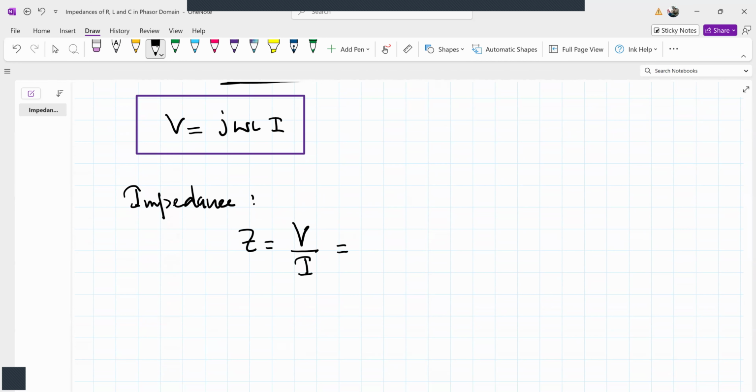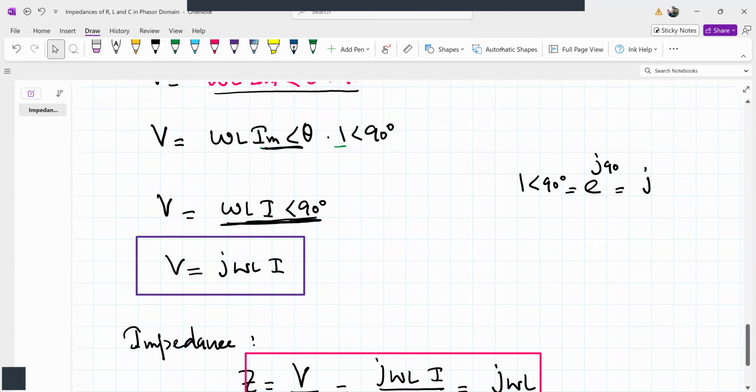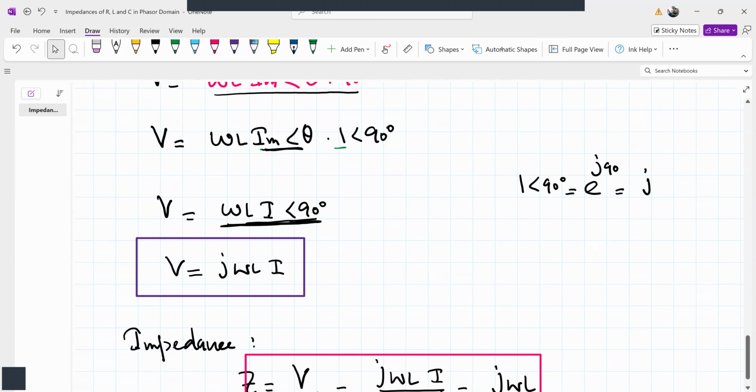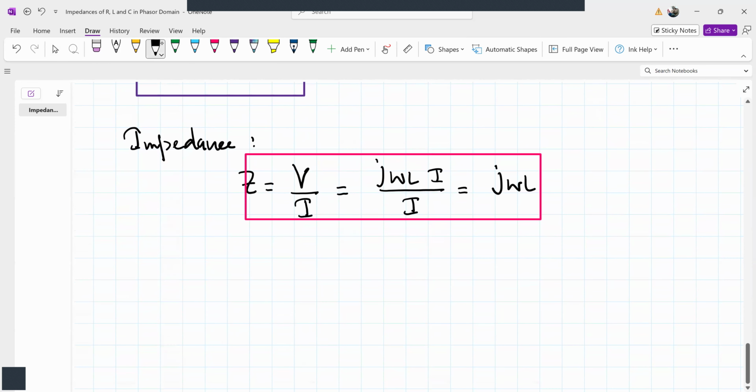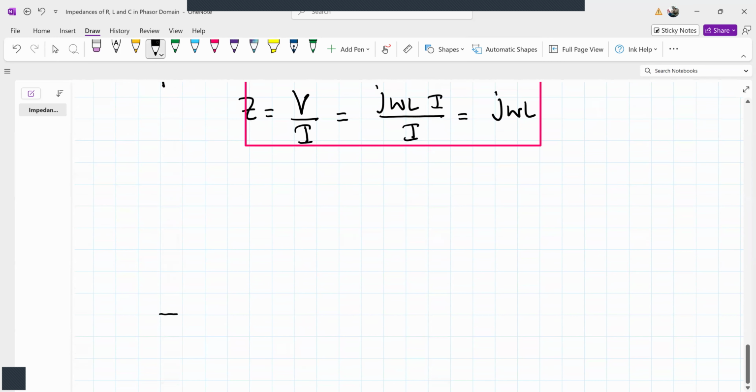Substituting V phasor, which is j omega L times I, divided by I, that will be j omega L. So the impedance offered by the inductor is j omega L. Another thing we learned is that voltage leads the current by 90 degrees. In other words, if we draw the phasor diagram of this inductor between voltage and current, we first draw the general complex plane. So this is the complex plane.